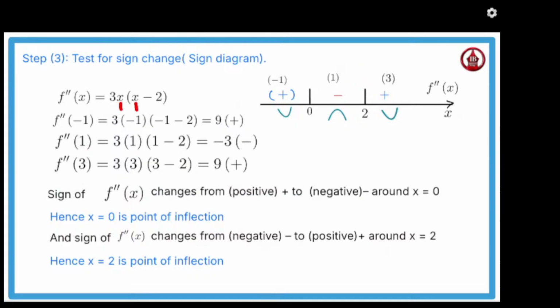So 1 here will give me 3 into 1, 1 minus 2. It will be 3 positive into -1. So it will be -3, which is negative. So f double dash of 1 will be negative to the right of 0. It was positive to the left of 0, and it is negative to the right of 0.